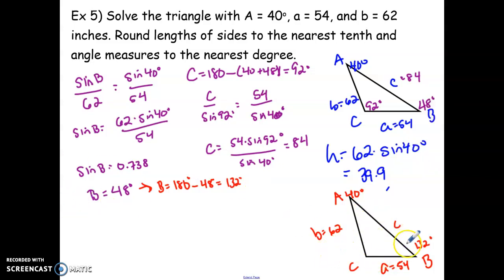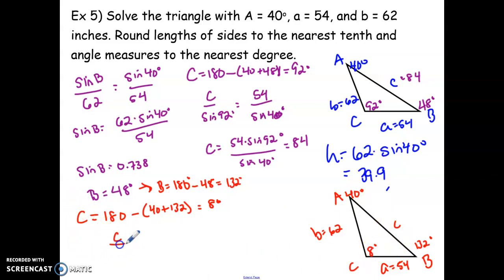If we use this 132 and 40, we can find angle C by subtracting 40 plus 132 from 180, and we end up getting 8 degrees. So it's a really small angle, which is why I said it's not very accurate because of the way I drew it.